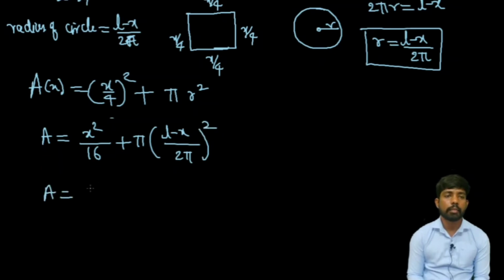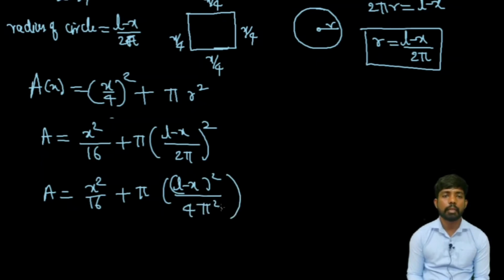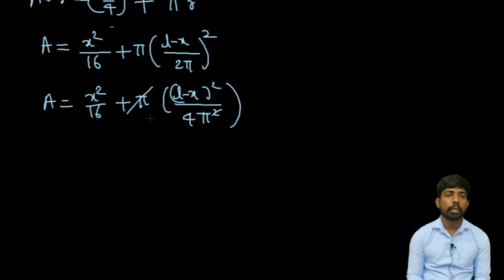So A equals x square by 16 plus pi into L minus x whole square by 4 pi square. Therefore one pi gets cancelled. This is the area actually, right?